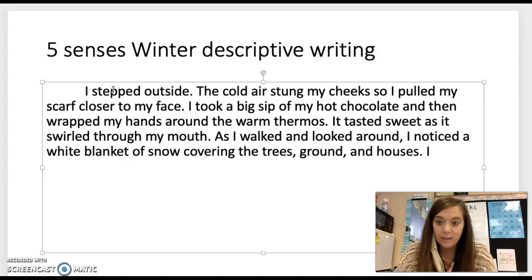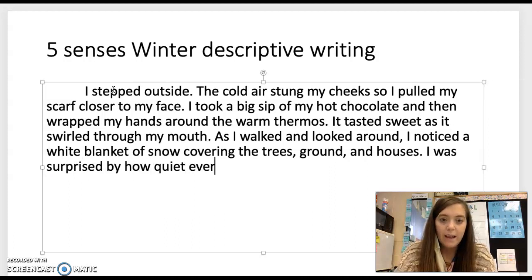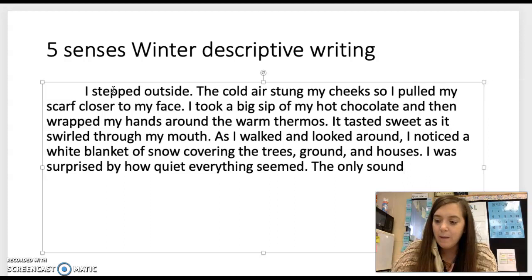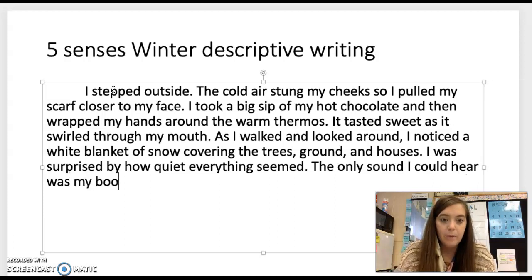I'm going to do sound now. I was surprised by how quiet everything seemed. The only sound, and I'm looking back at my brainstorm, so everything's quiet, but I remembered I thought I could hear maybe my boots crunching, so I'm going to say the only sound I could hear was my boots crunching in the snow.